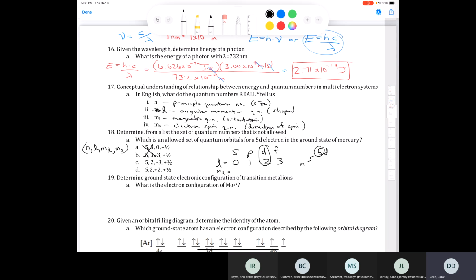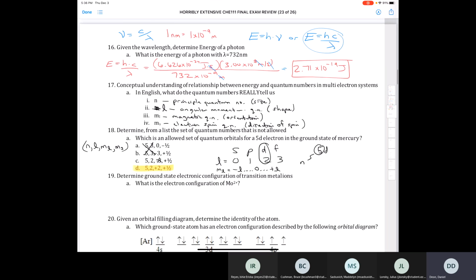Remember that ml is going to equal negative l all the way up to 0, all the way up to positive l. So there's no way it could be negative 3. The lowest it could be would be negative 2, and that means that this one is going to be correct. Everything is copacetic in D. All right. There you have it.